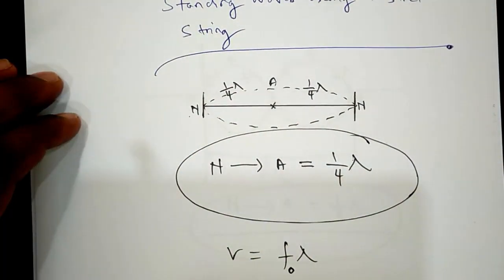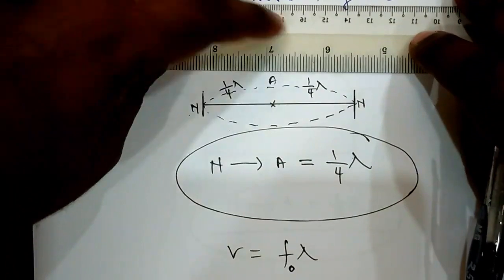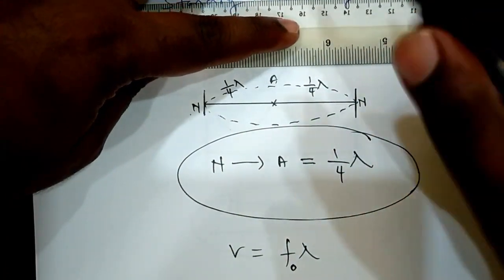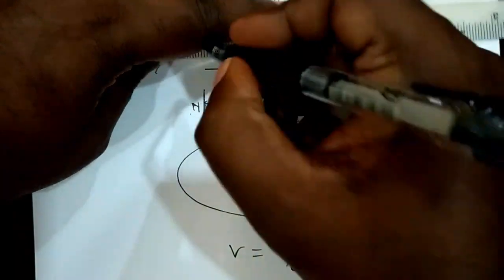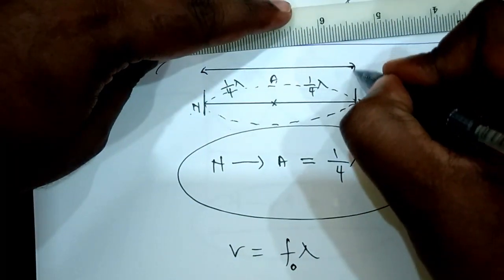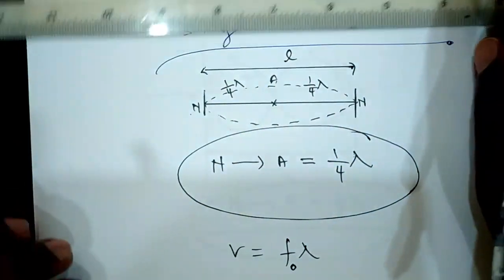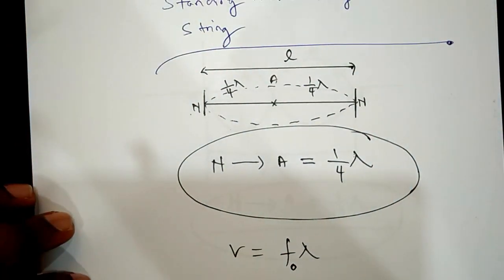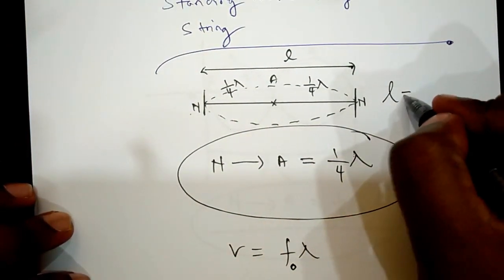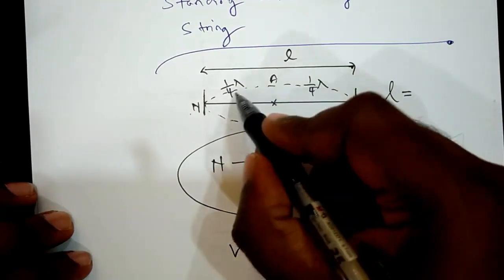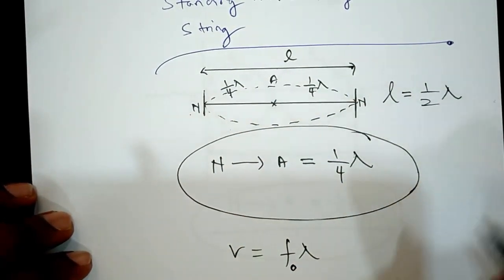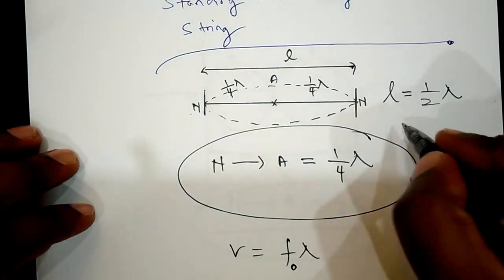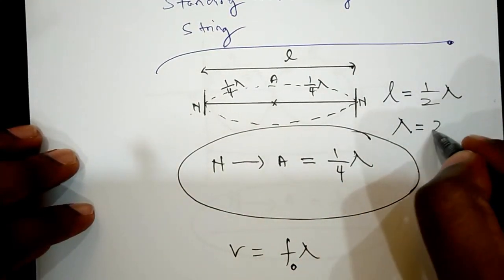So the length between two nodes is L. So the length here equals quarter lambda plus quarter lambda, half lambda. So lambda itself is 2L.